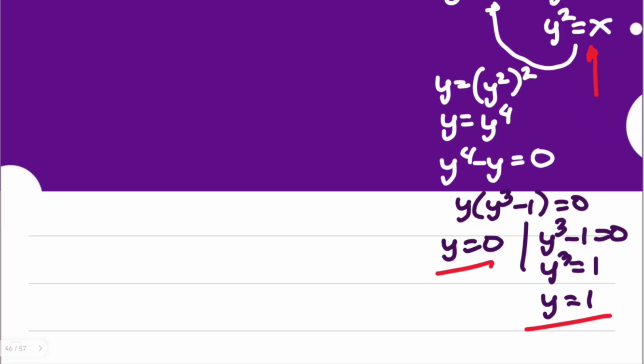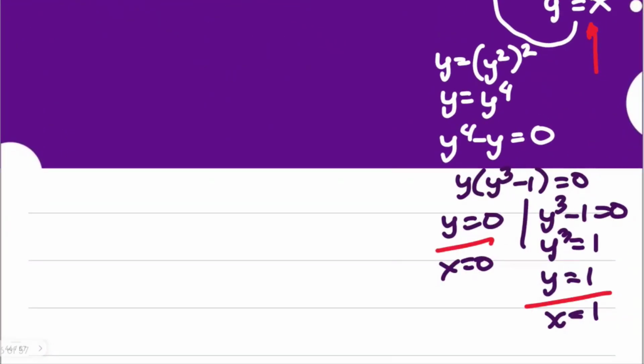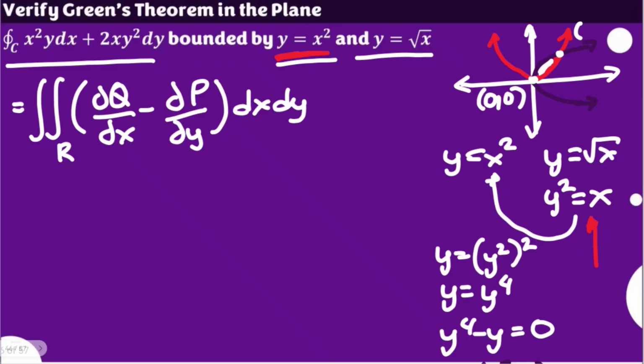So for y equal to 0, our x must also be equal to 0, or 0 squared. For y equal to 1, our x is also equal to 1. In short, our points here are basically the intersection of the two curves: the origin 0, 0, and the intersection at the top, which is at 1, 1. We now know that the boundary for x and y are from 0 to 1.